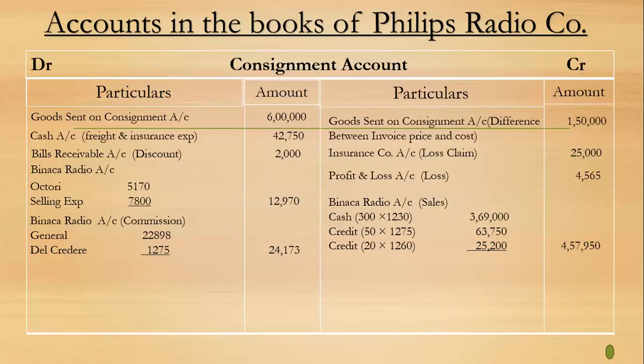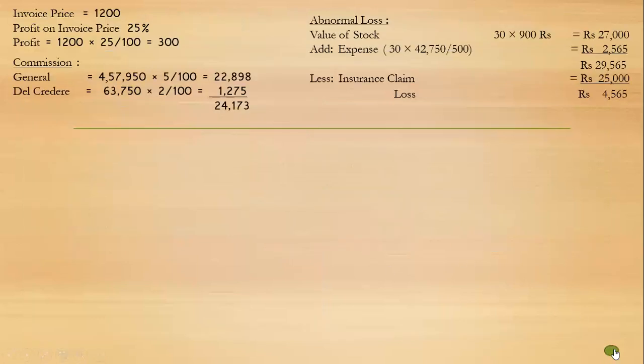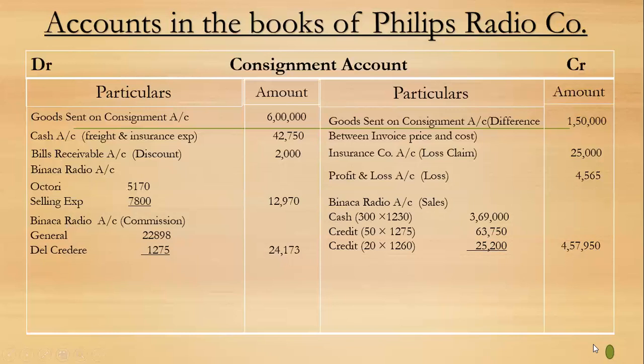So that is a 20% loss, and this is the responsibility of Philips Radio. So it will impact the consignment account. We have to find the bad debts: 25,200 into 20% is 5,040 rupees. So we'll write down on the debit side, bad debt 5,040 rupees.